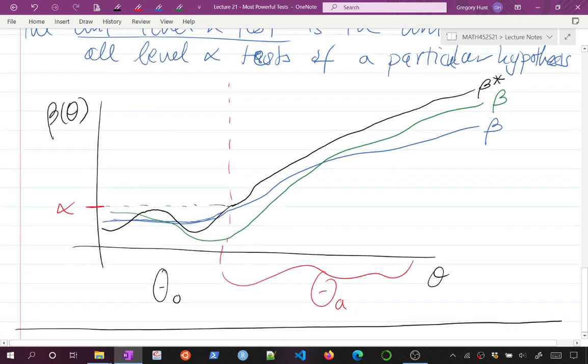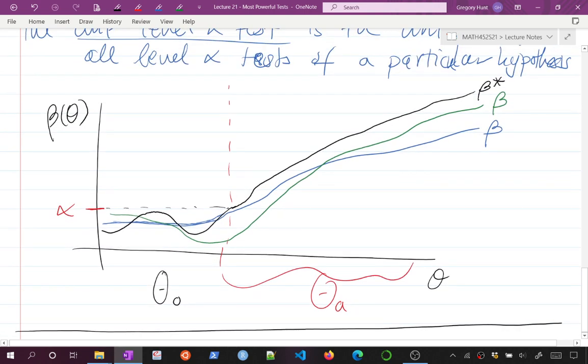So the idea behind this kind of hypothesis testing is I'm going to control my type 1 error by a threshold, let's call it alpha. I'm going to force my power function to be below this, and then I'm going to try to maximize my power function over the alternative. So I want a very powerful test, high over the alternative, but it has to be below a threshold on the null. This is the typical way you could do this.